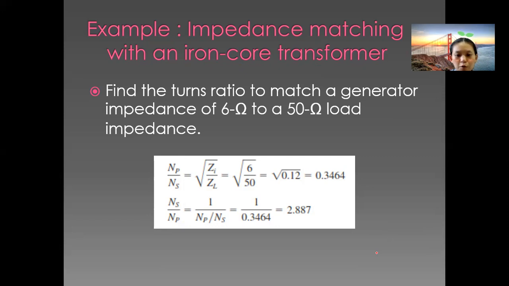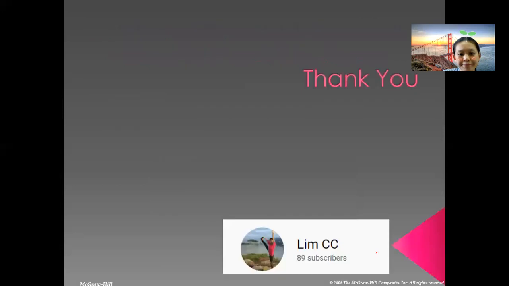So the square root of 0.12 gives us 0.3464. For the ratio Ns to Np, we will have 1 divided by 0.3464, so we get 2.887. This one is our turns ratio value.